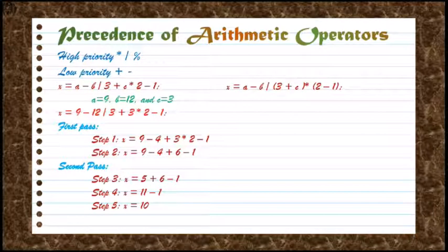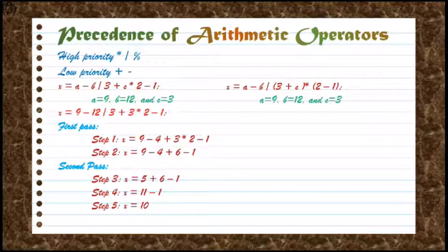Suppose the same statement, x equal to a minus b divided by, in brackets, 3 plus c, close the bracket, then into, and again in brackets, 2 minus 1. If you see, we have written the same expression, but we have introduced parentheses. So now we will calculate the same equation.